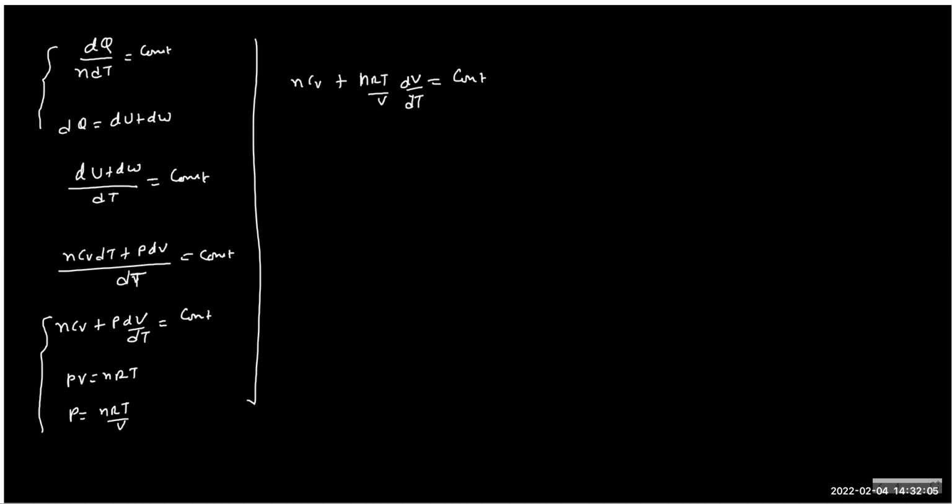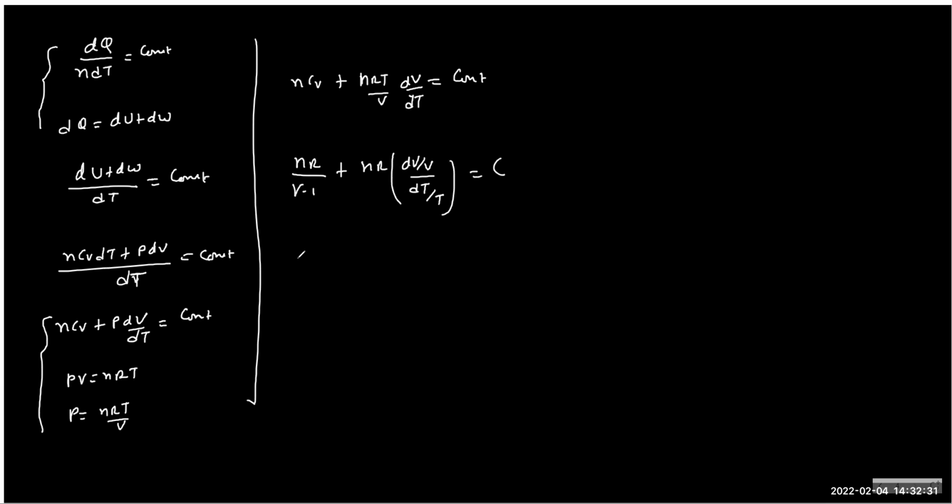And then you just have to rearrange everything. So n Cv itself is some value. What you get is nR upon gamma minus 1, the Cv value. This is nR, and that's very interesting. It's dV by V upon dT by T is a constant.